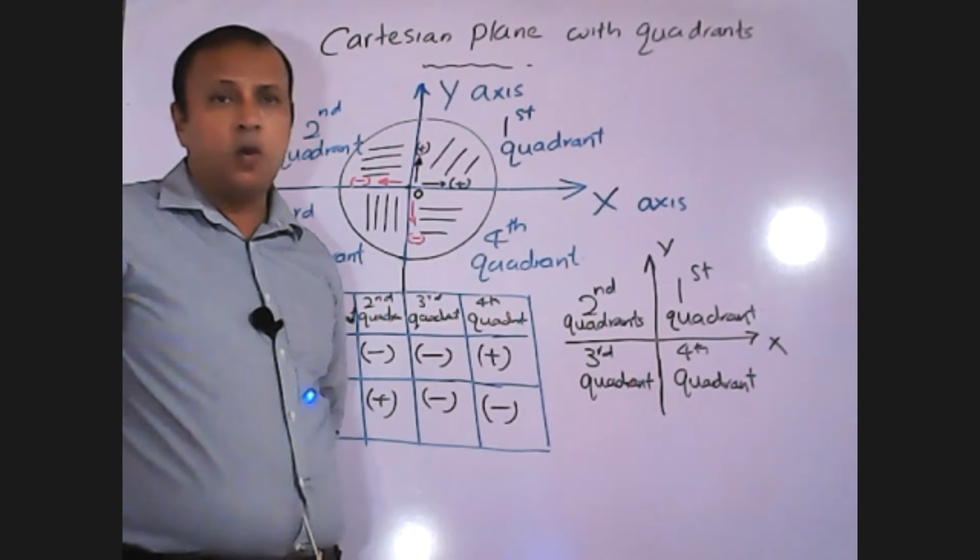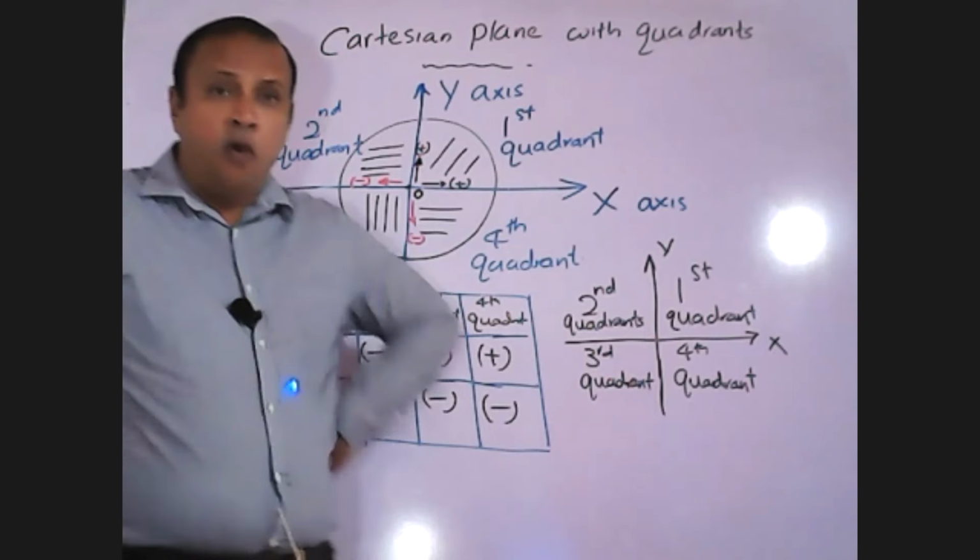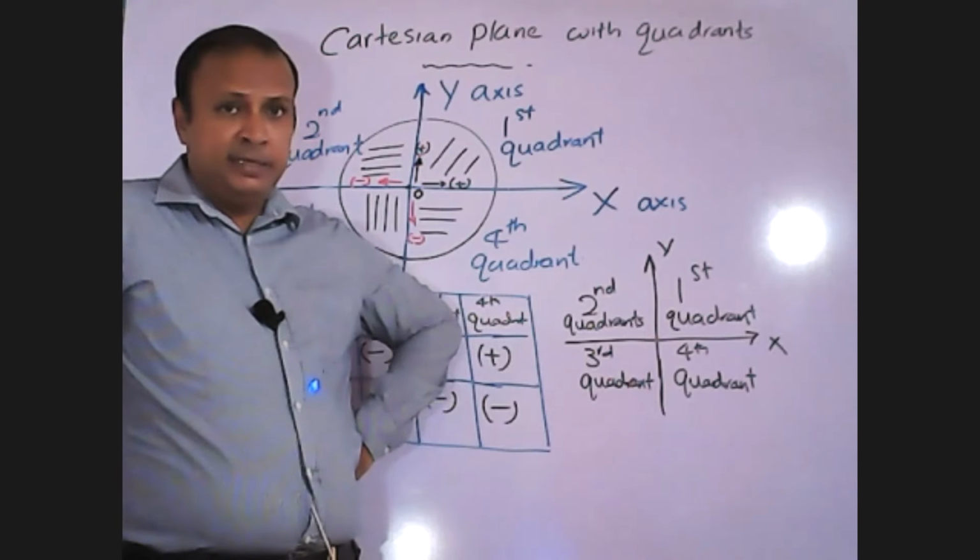Therefore, there are 4 quadrants in a Cartesian plane.